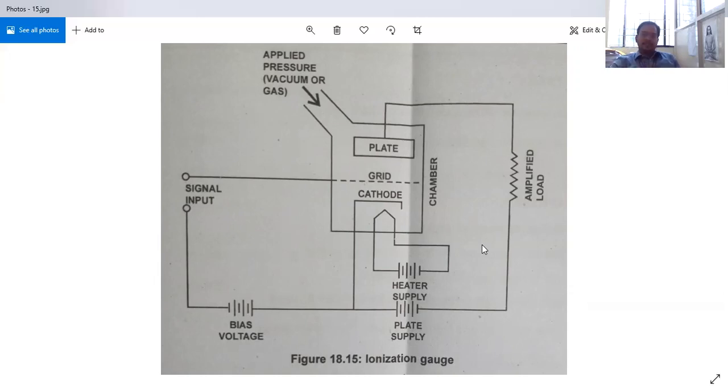Ionization gauge means, we might have heard about a topic called the photoelectric effect. We have heard already.